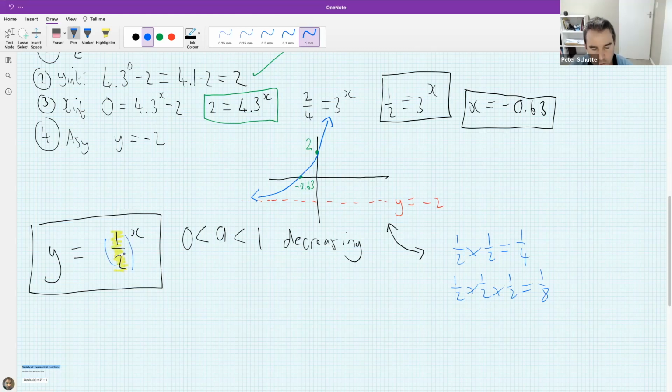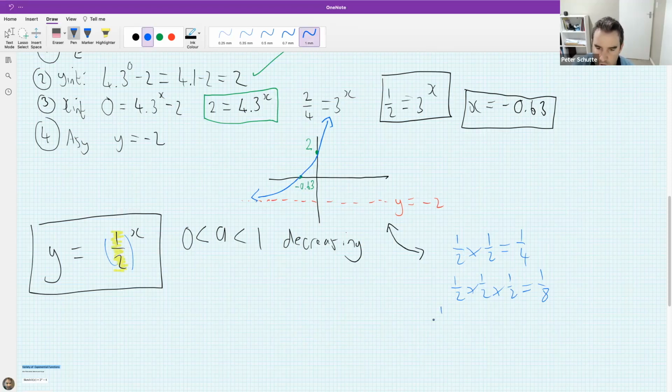Now, when the value inside the bracket is a number greater than 1, the moment you multiply something greater than 1 by itself, like 2, it just gets bigger and bigger and bigger. But if you multiply a fraction by itself, something different happens.